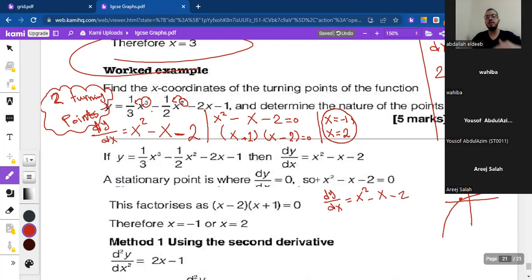Then make another derivative, like find dy by dx again. Find f double dash x. Differentiate again. So the second derivative equals 2x minus 1.